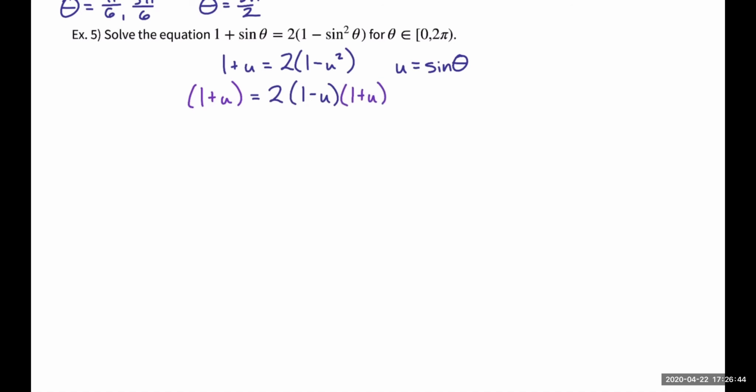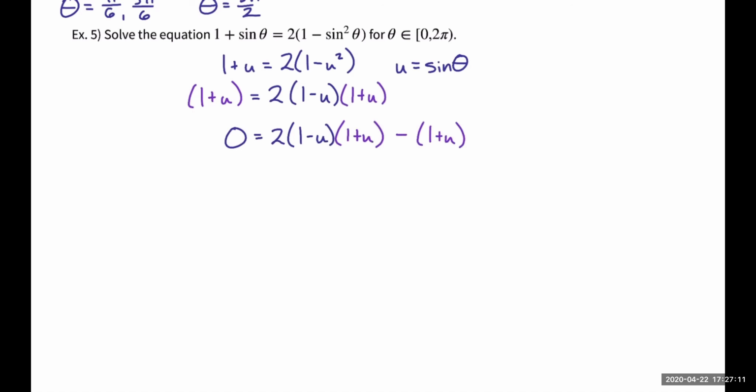And so we're noticing we want to get those 1 plus u's somewhere where we can just factor them out. Right? But our factoring is really only good if we have something equal to 0. So I'm going to take that 1 plus u on the left and subtract it over to the right. So let's get all this lined up here. And then we'll subtract the 1 plus u from the left.